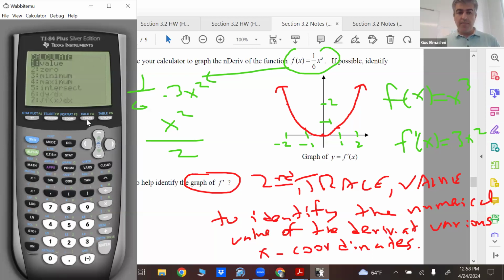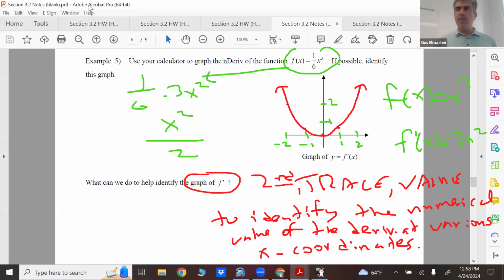Or if I do it again and type in 4, even though it doesn't show in the graph, it will give me the derivative at that point. So same, it's second trace, but option 6. That's if you put it into the original function, right? But if you have the derivative graph, then you just find the value at that point.